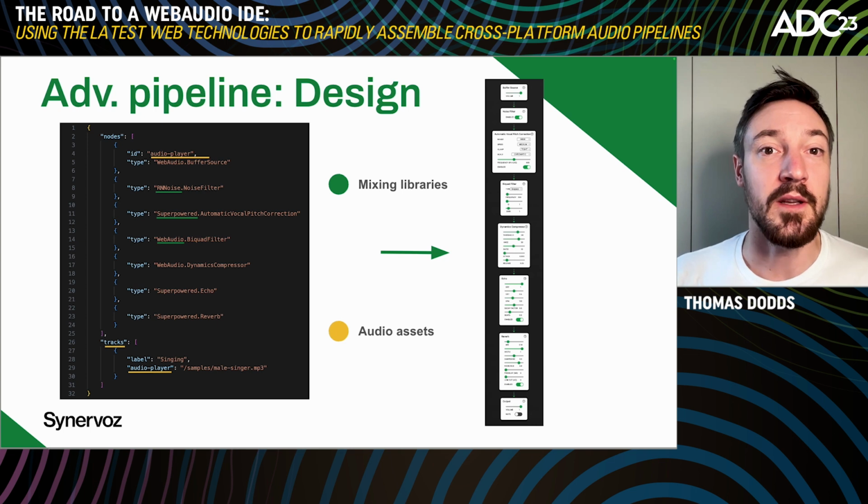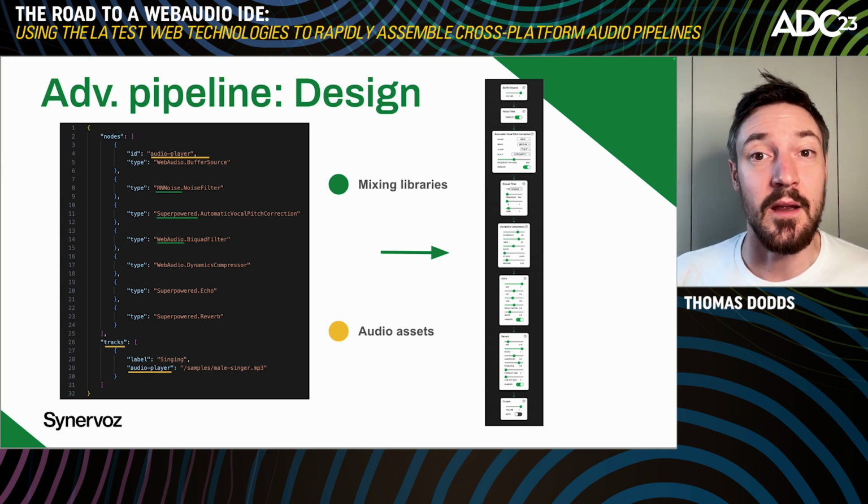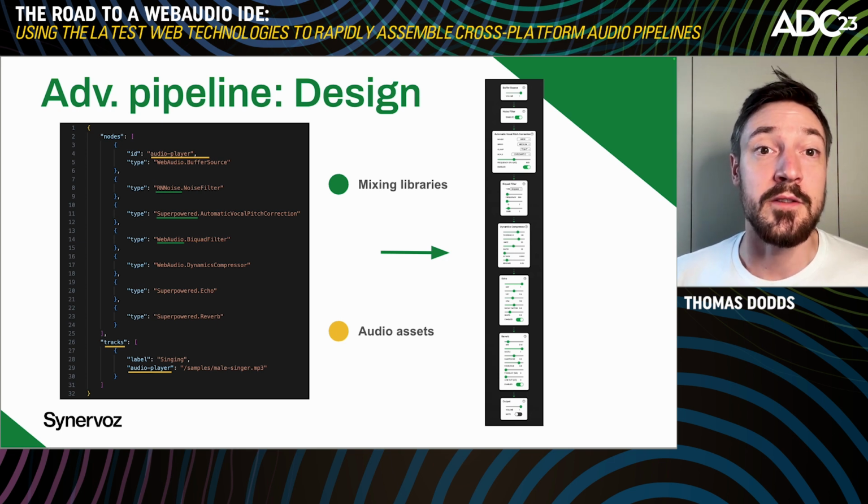Here you'll notice a few things. First of all, we're mixing many different libraries in this graph, which really highlights the simplicity of working with the Switchboard SDK. Here we're using nodes from the standard Web Audio API and also two third-party library vendors, Superpowered and RNNoise, both excellent in their own regards. You'll also notice that we're defining audio assets at the bottom of the graph under the tracks property highlighted in yellow.